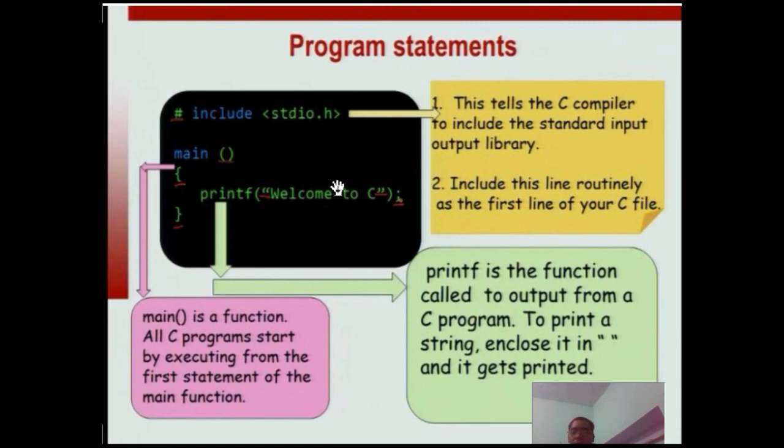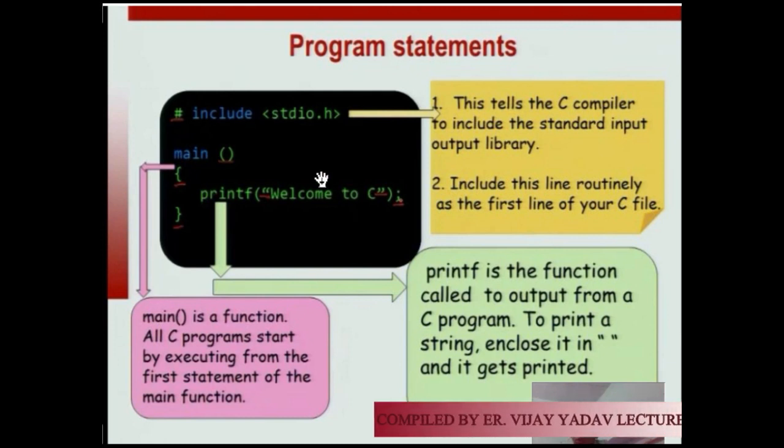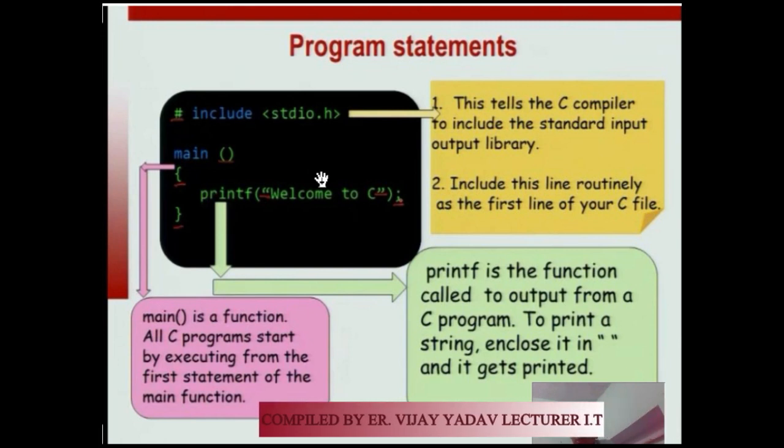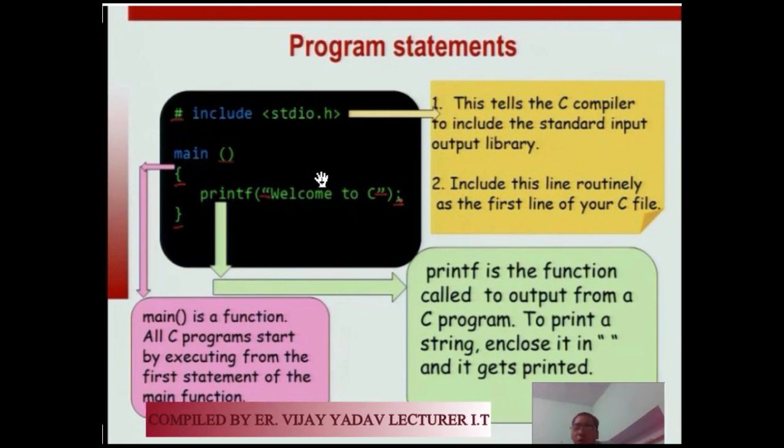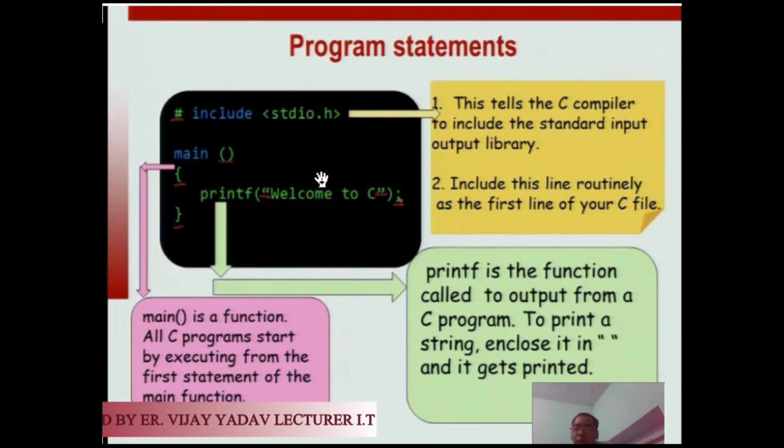Include this line routinely as the first line of your C file, because in the course of this class we will often need scanf and printf statements. So we will often need input and output statements, so include this by default.